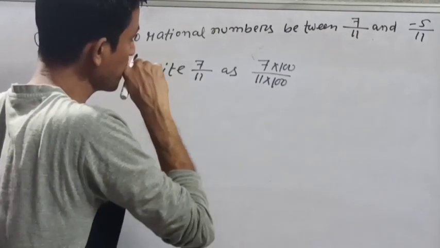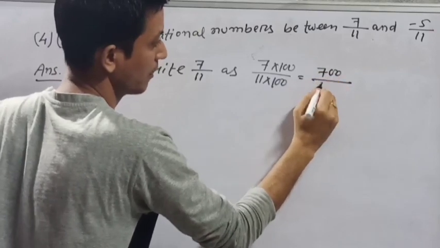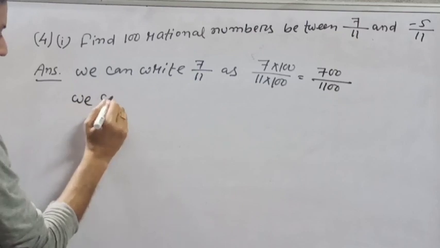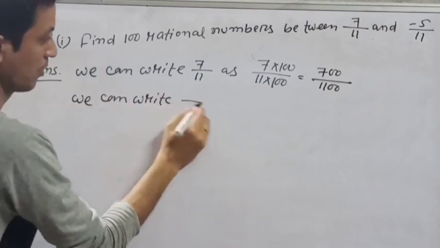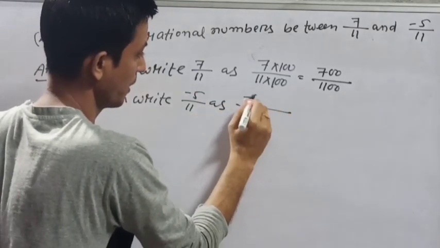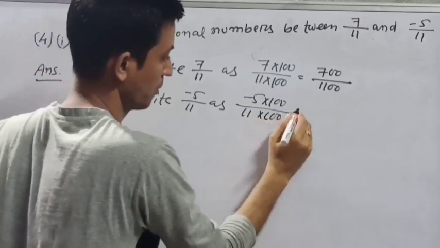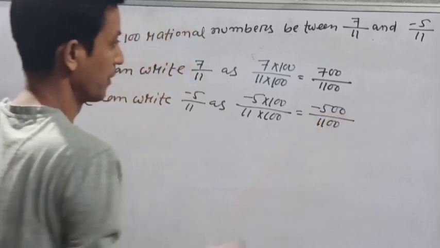So take more: 700 by 1100. We can write minus 5 by 11 as minus 5 by 11 into 100 both sides, so minus 500 by 1100.